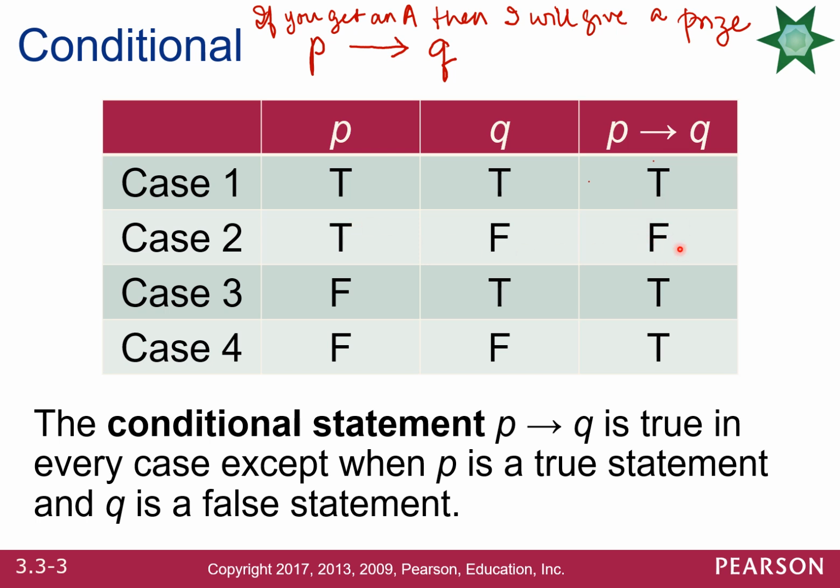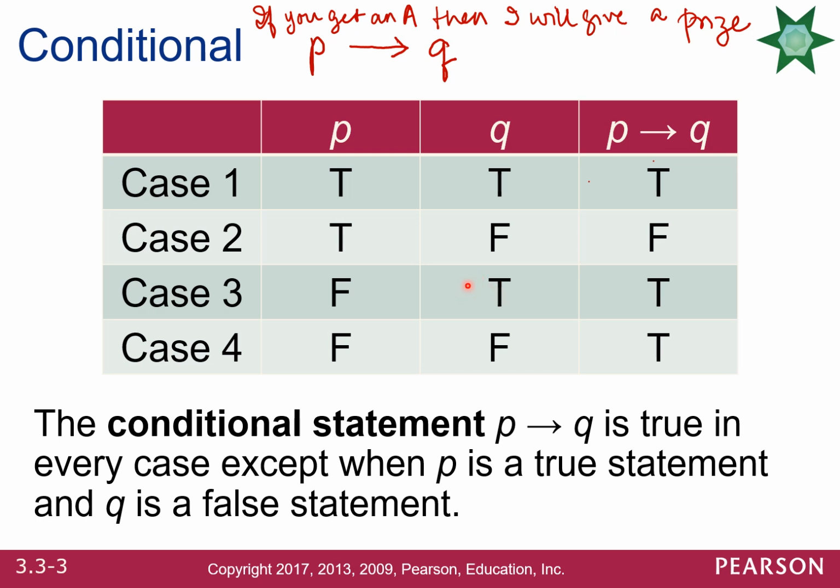All right. For case 3, which is slightly tricky, let's understand this. If P is false, that means you did not get an A, but Q is T. I still gave you a prize. All right. I kept my promise. Well, even though you didn't meet the condition, I still gave you the prize. Maybe I gave you the benefit of the doubt.